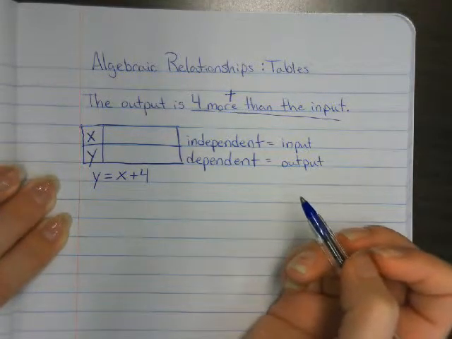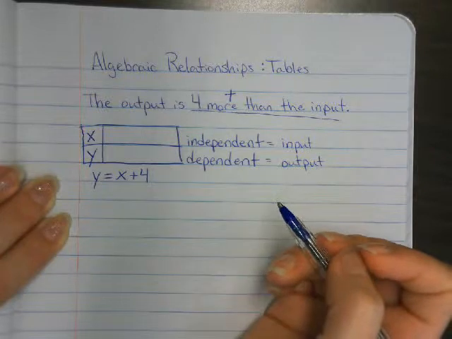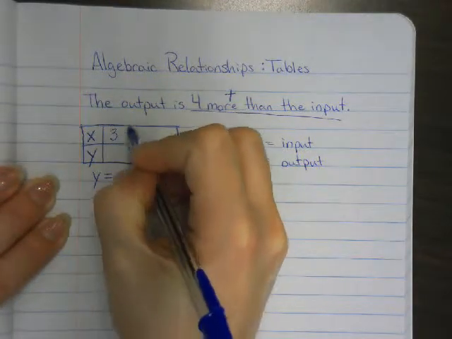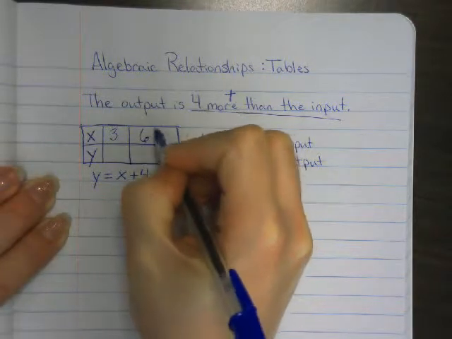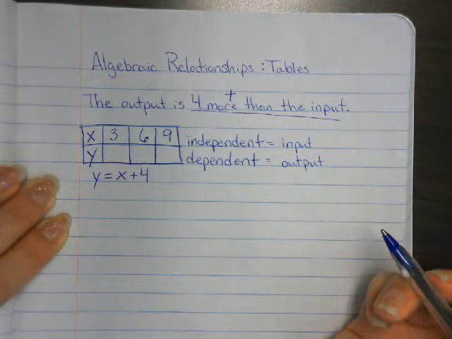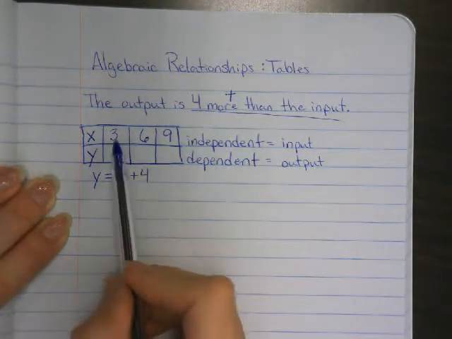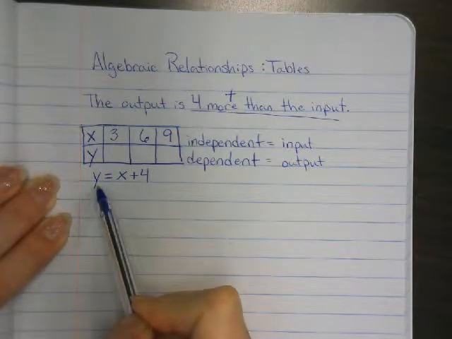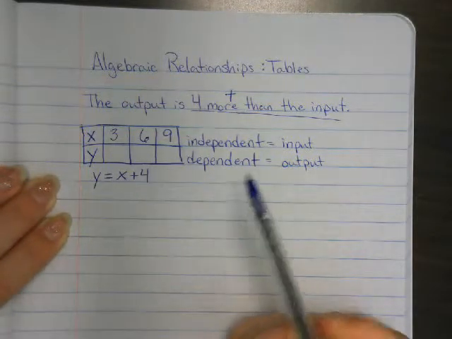So let's say they tell us our input values are 3, 6, and 9. We would simply input these x values into our equation to find our y values.